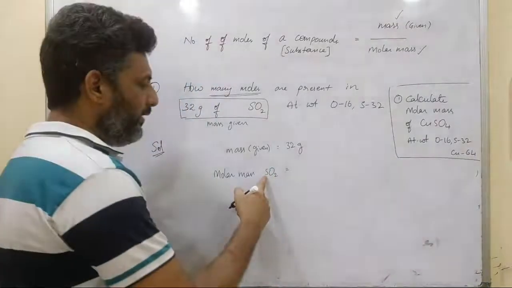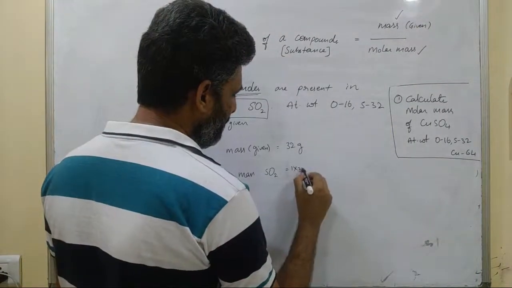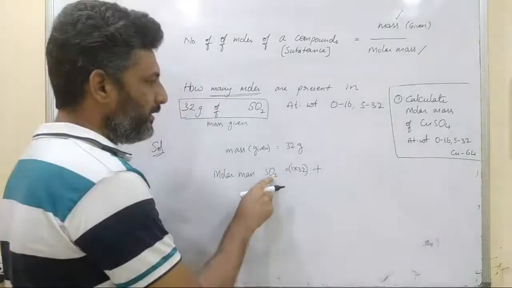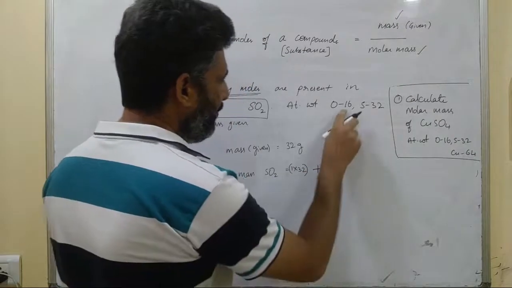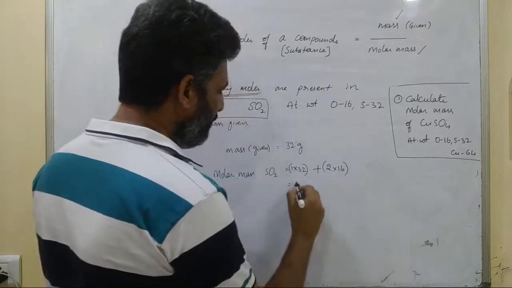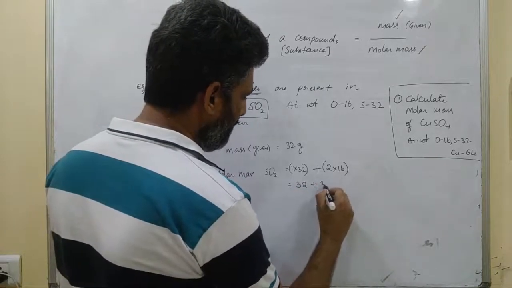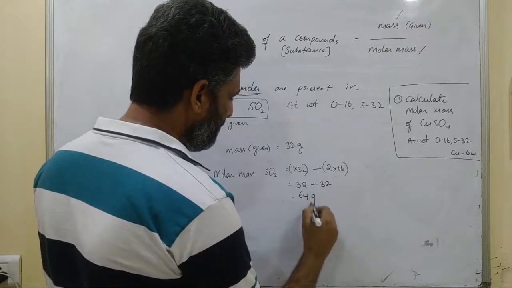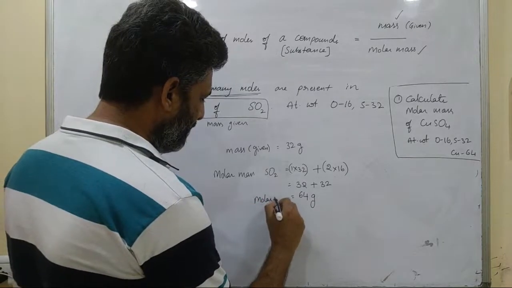So one sulfur atom is 32 grams, so 1 into 32, plus 2 oxygen atoms we have, so 2 into atomic weight of oxygen 16. So 1 into 32, that is 32, plus 2 into 16, again 32. So this will be equal to 64 grams. So this is the molar mass of sulfur dioxide.